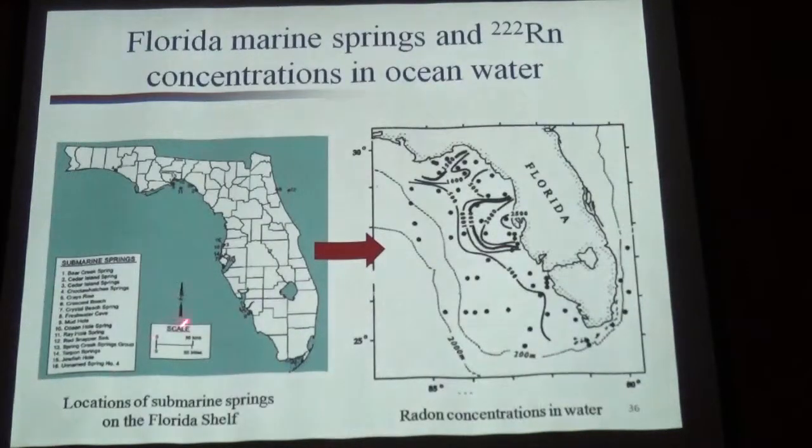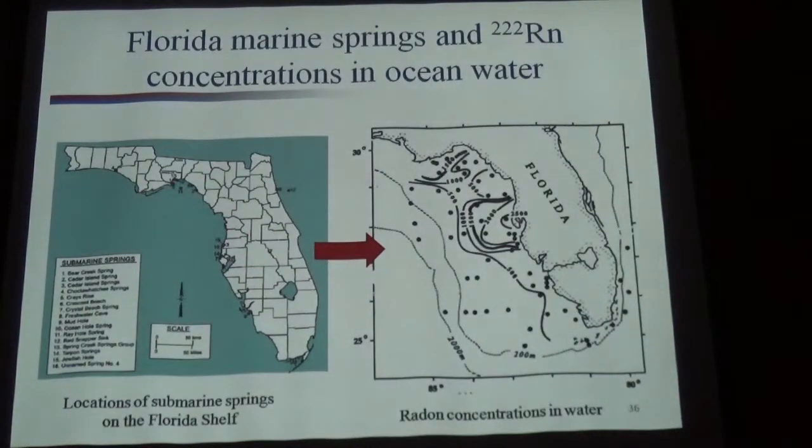If you look at the map of Florida, these dots are monitored offshore springs, closer and further offshore, fresh water coming out in the ocean. Sometimes they're very close to the shore, you can walk and see them, and sometimes they are even miles offshore. People made an attempt to measure radon concentrations.